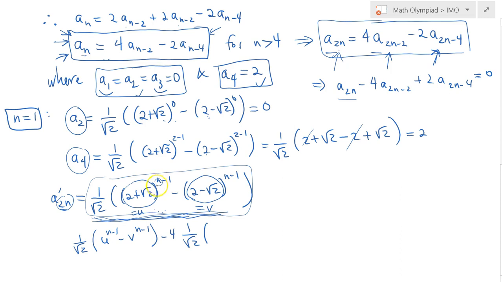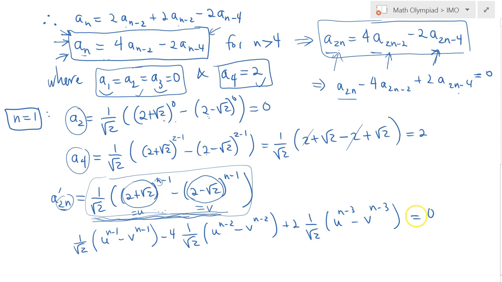So therefore, oh, n minus 1 it will be, right, half of it. So which means it will become n minus 2. Sorry for that. u to the power n minus 2 minus v to the power n minus 2. And I'm finally adding back 2 times 1 over root 2, u to the power n minus, well, I guess it will be 3 now, minus v to the power n minus 3.